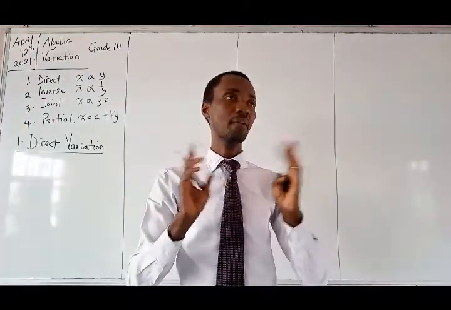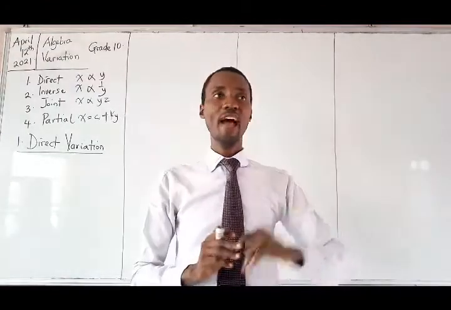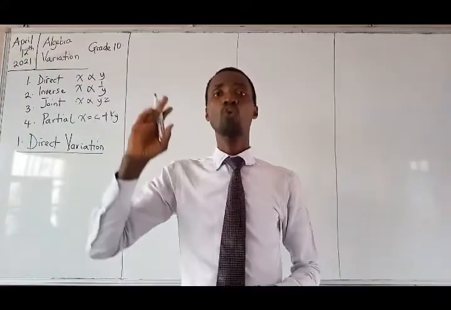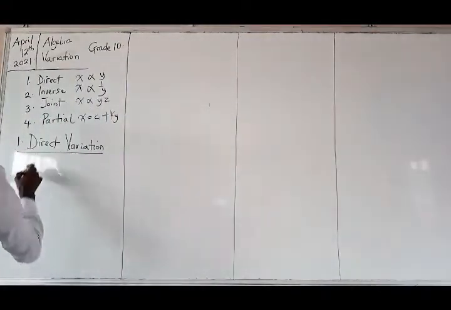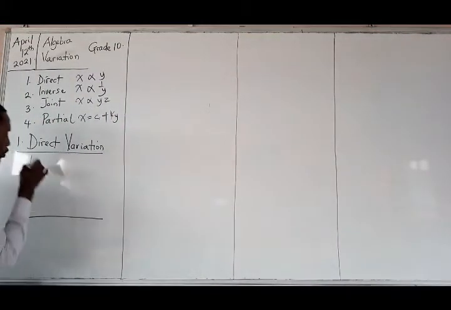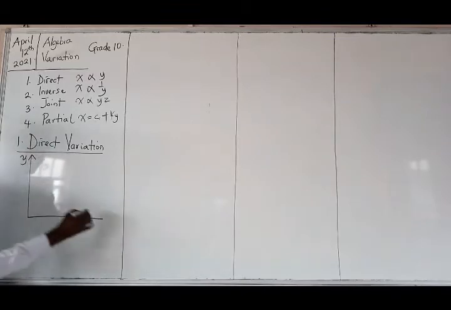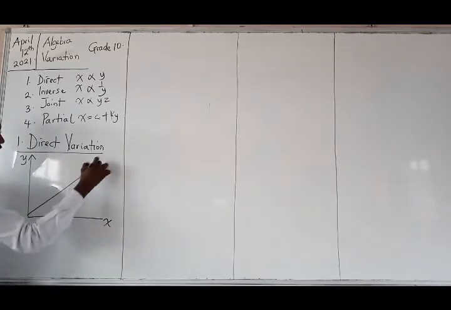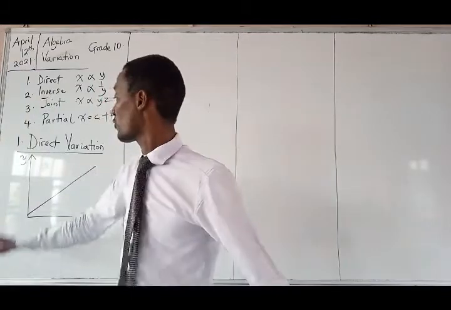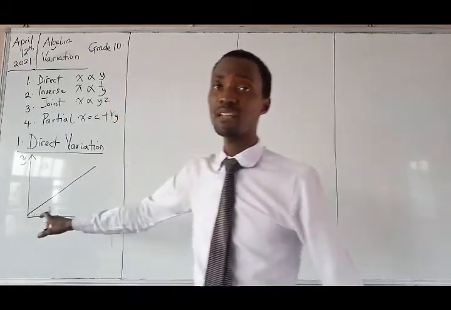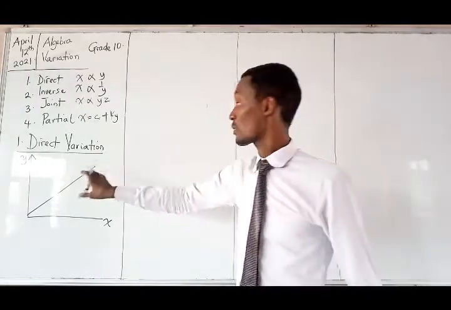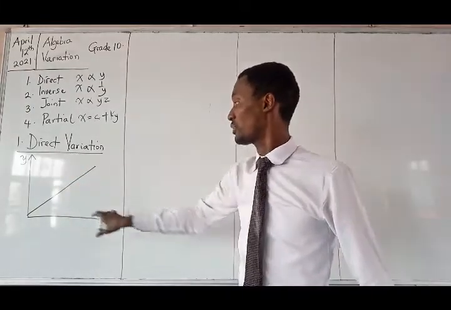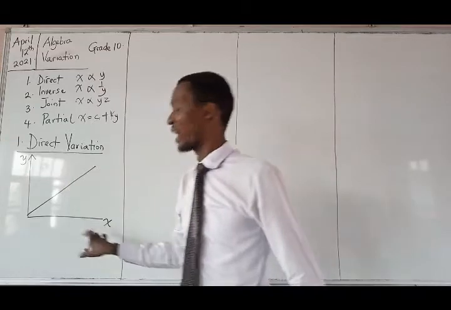When we say two terms are related directly, it means that if I increase one, it will cause an increase in the other. So, in trying to understand direct variation, we usually use a straight line graph increasing from the origin, climbing on to the right. That's the simplest graph to show the direct relationship between y and x.